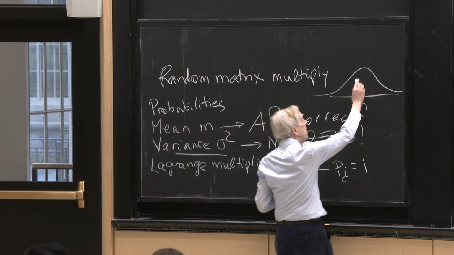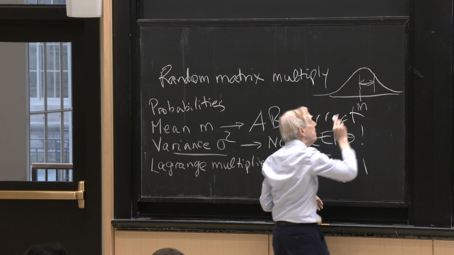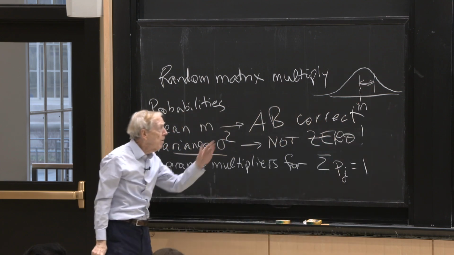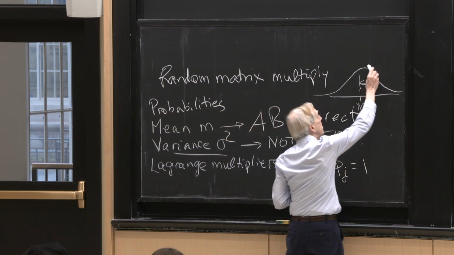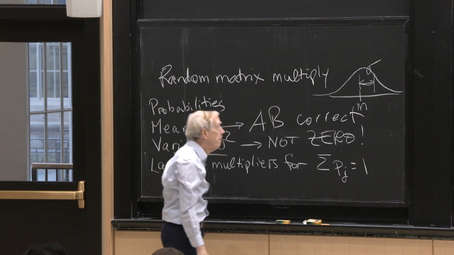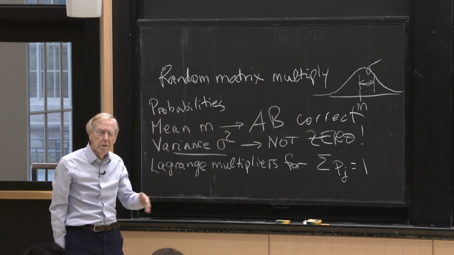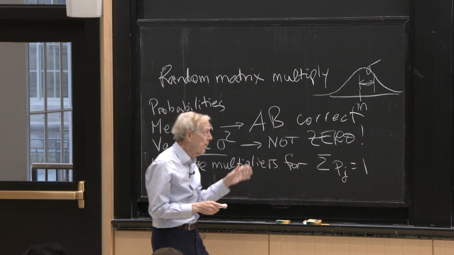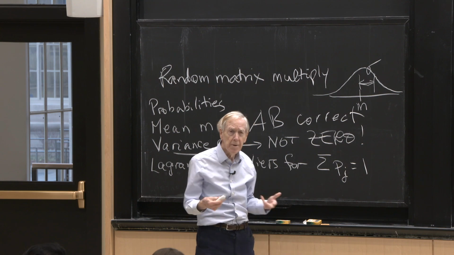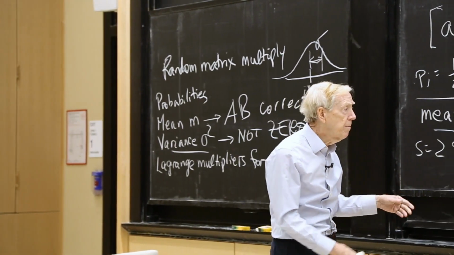So the variance would be sort of like a typical width. Maybe I overdid it, but that would be a sort of typical sigma. Since the words statistics, mean, and variance haven't been mentioned in 18.065 until today, I'm just kind of recalling them.